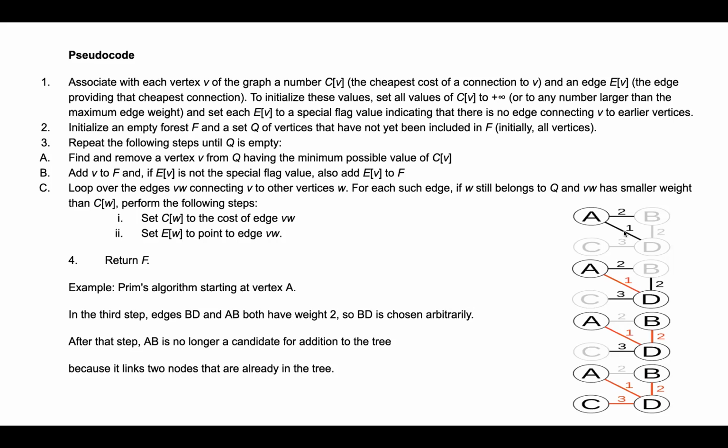So we will select A to D, that is 1, because it is having the minimum value. Here it comes in the red line. A to D we have come there.